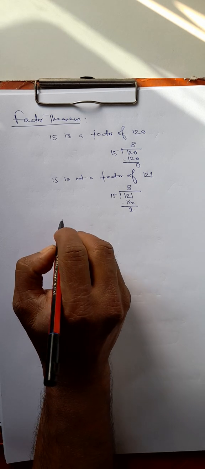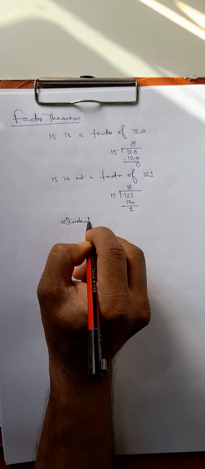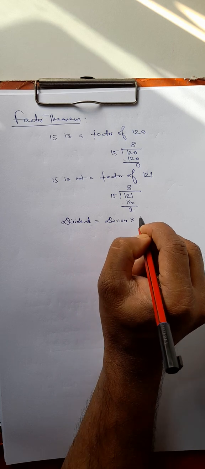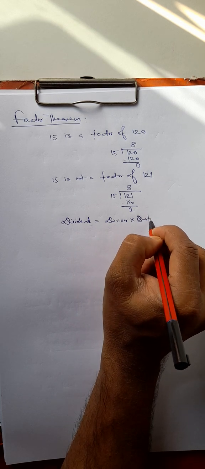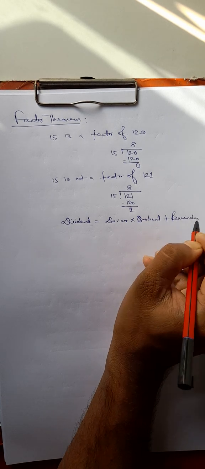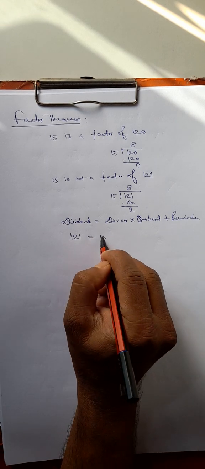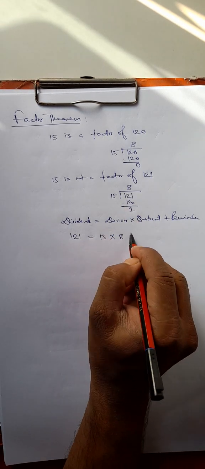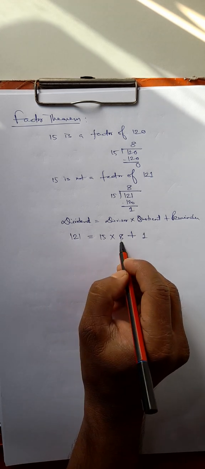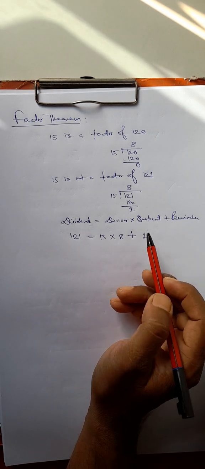Now you remember this theorem: dividend equal to divisor into quotient plus remainder, right? Here dividend means 121 equal to divisor means 15, quotient means 8, remainder means 1. You see, both sides are equal. 15 times 8 is 120 plus 1, 121. Dividend equal to divisor into quotient plus remainder.